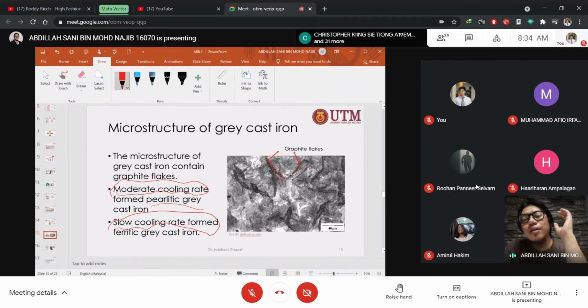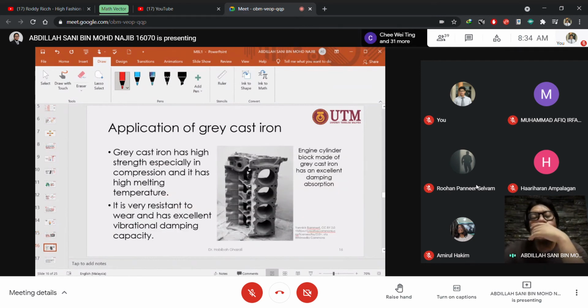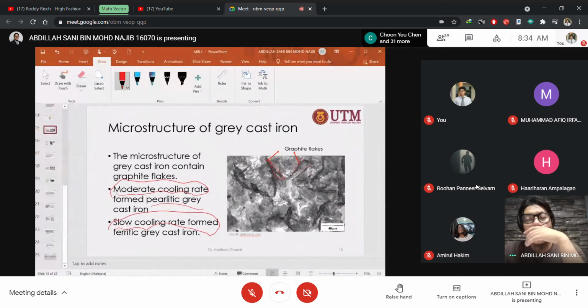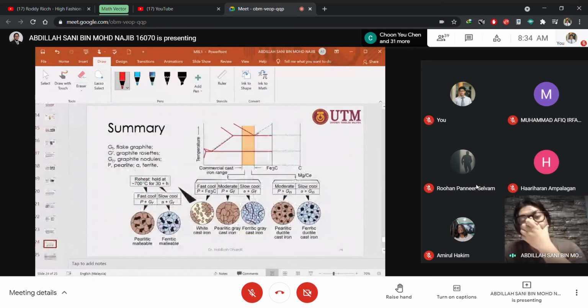So at the end of it we have the microstructure. Yeah, it looks like this now. For the gray, if fast cooling, it becomes white cast iron.